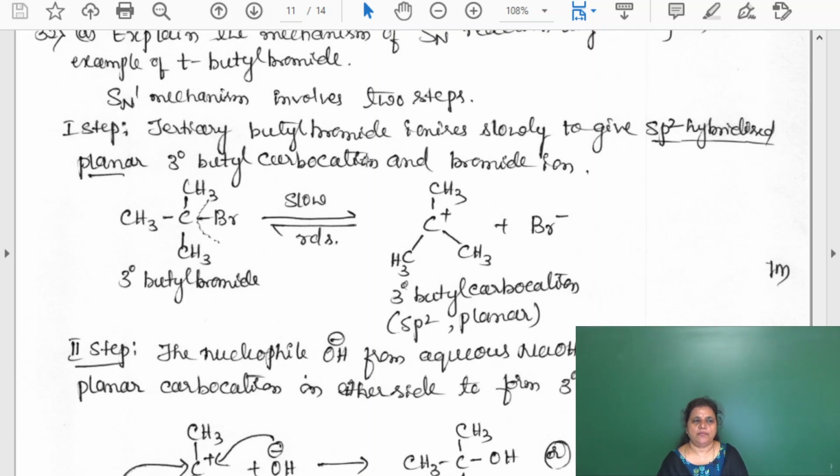The tertiary butyl bromide ionizes slowly to give sp2 hybridized and planar tertiary butyl carbocation. Don't forget to write the positive sign here and write the reversible condition. Here you need to mention the slow, and since it is the slowest step, it is the rate determining step. If you have written the equation properly, then it carries 1 mark.